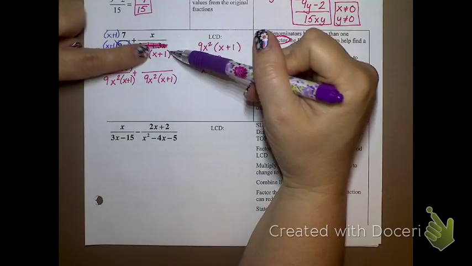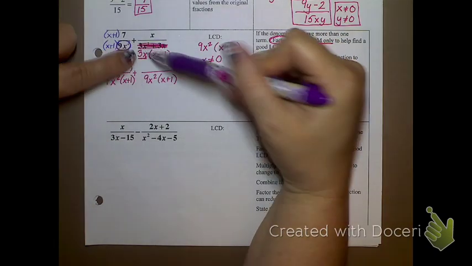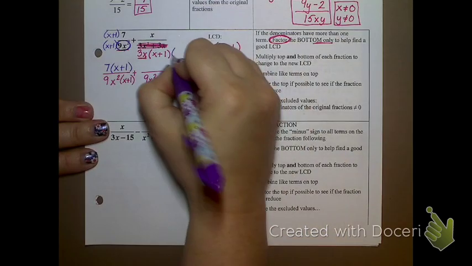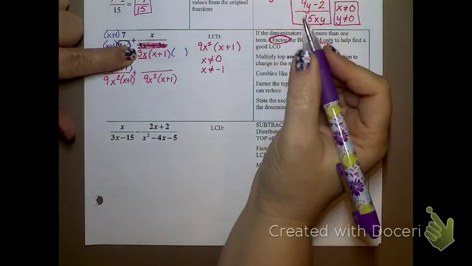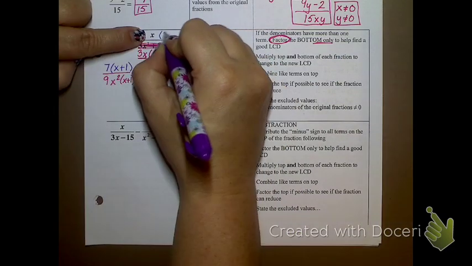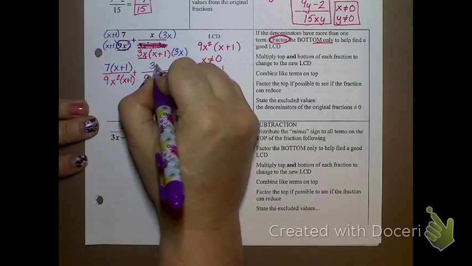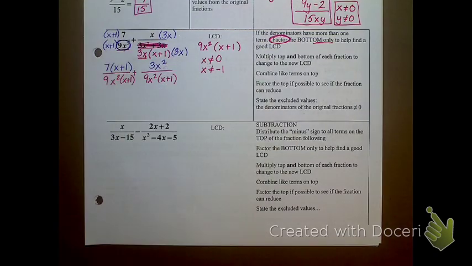Now, this one has the x plus 1, but it doesn't have the 9x squared. So what do I need to multiply by in order to make this a 9x squared? 3x. So I have to multiply the top by 3x also, and what does that give me? 3x squared. That is the hardest part of the problem, is that process right there.